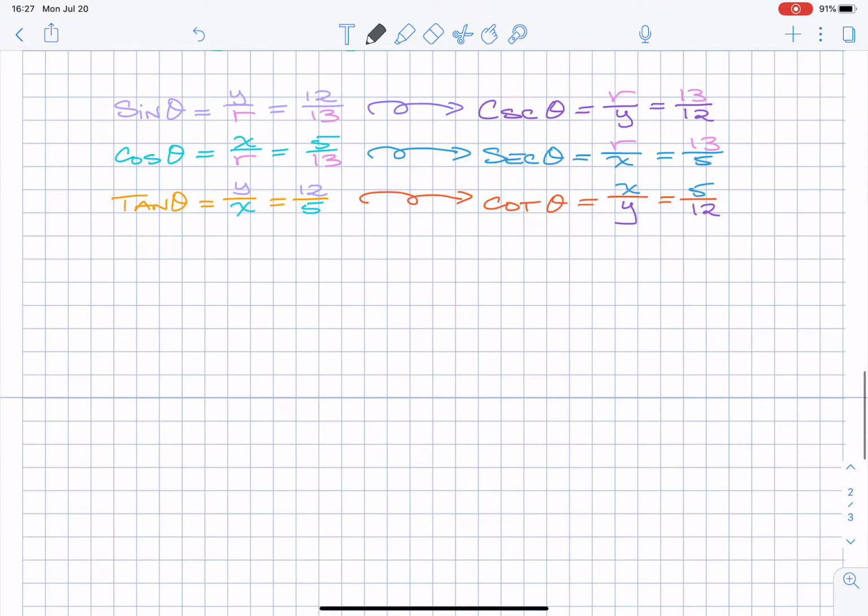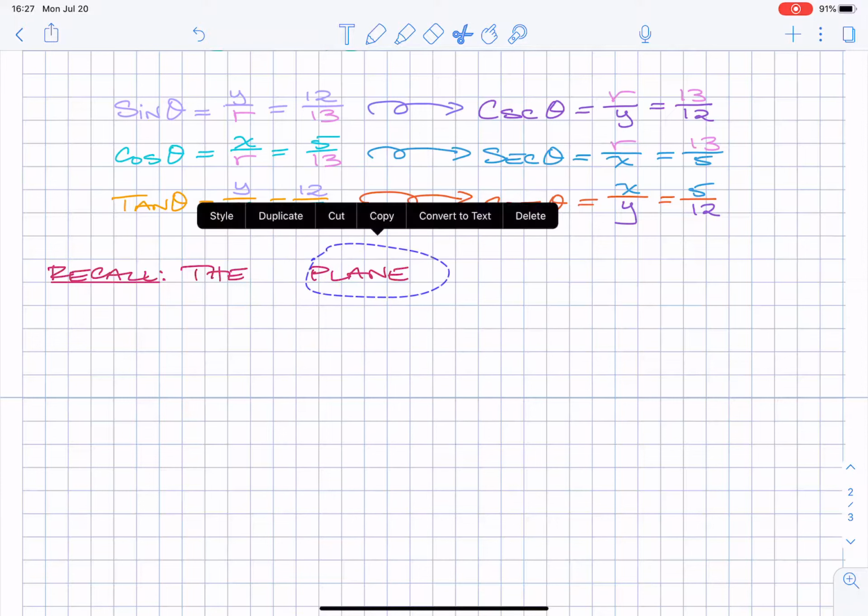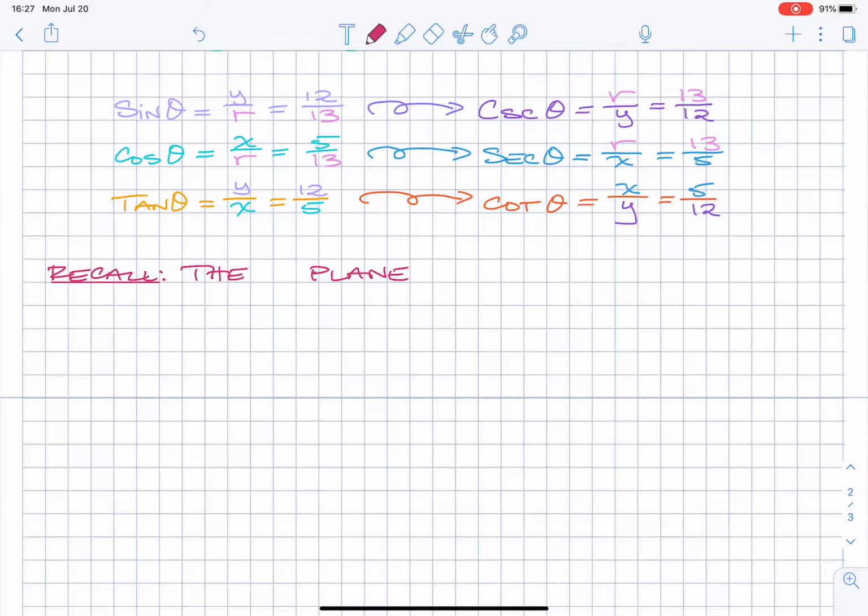No, let's recall, because you might need to recall. The plane, not just any plane, the xy plane.